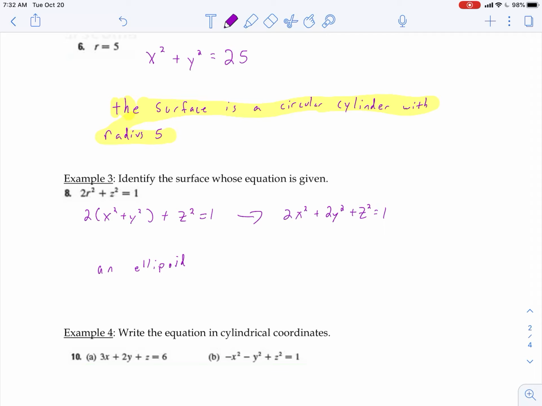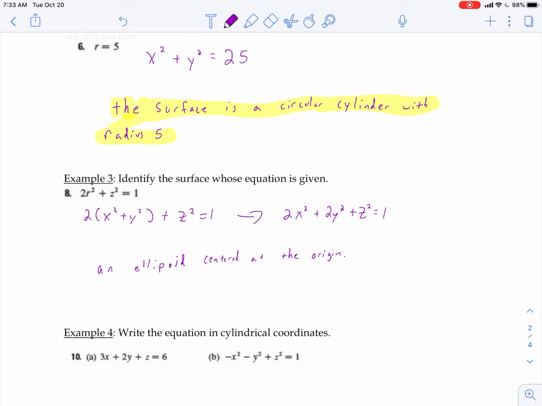So we have an ellipsoid centered at the origin.